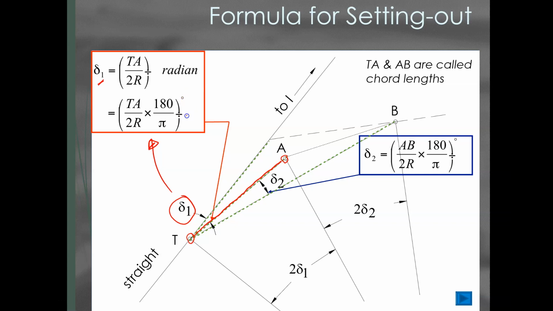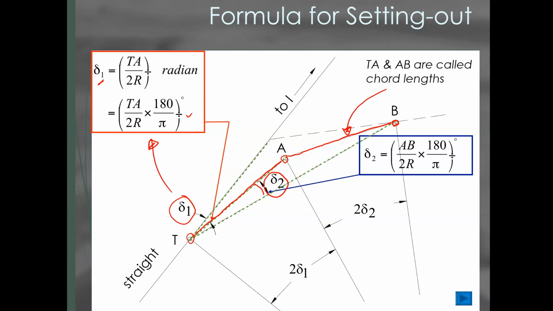That's in degrees. Okay. So for the next point, point B, we now need to calculate that deflection angle. So it's given by AB, which is that distance there, over 2R times 180 over pi. So this little distance here, TA, AB, that's what we call chord length.